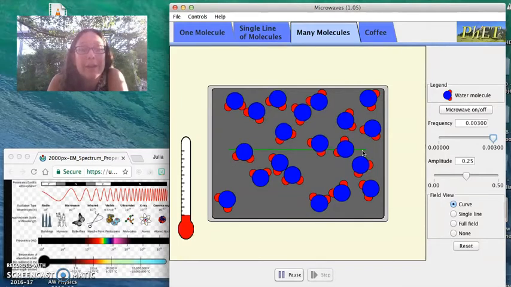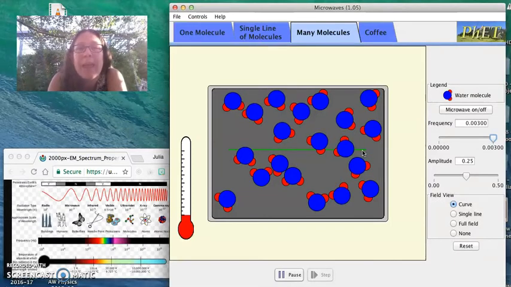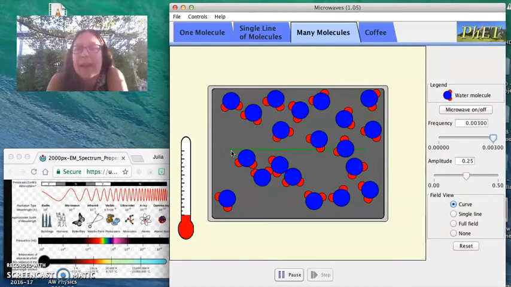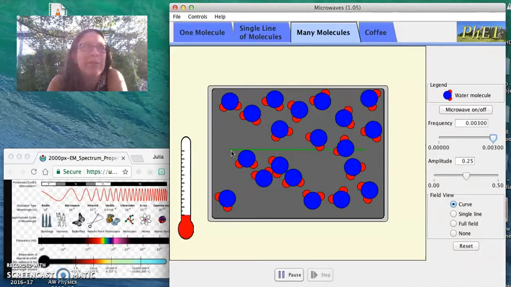So we know electromagnetic waves oscillate the electric field and the magnetic field. That's why they're called electromagnetic. And so what we're going to see is how when the electric field inside this microwave oven oscillates, how does that affect the water molecules? Because we know fields are around us all the time. So how do they interact with matter? Let's check it out.